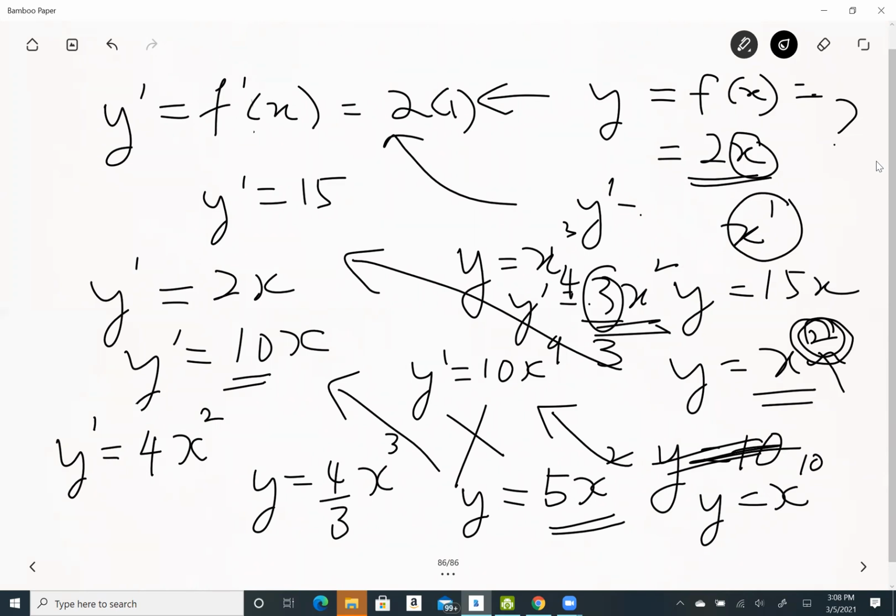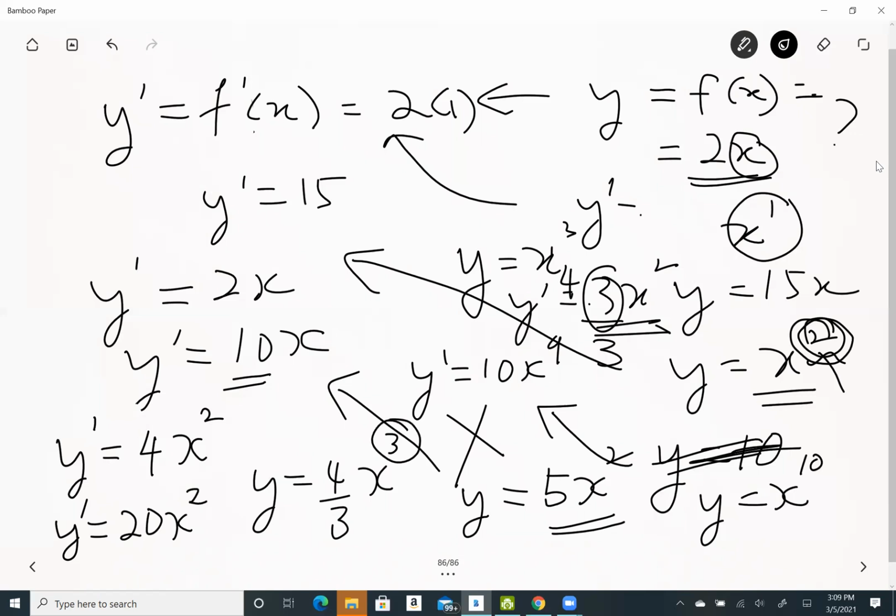For example, I'll give you another one. Let's say y prime equal to 20x squared. So what do you multiply that with in order for you to get 20? Okay, the power must be 3.